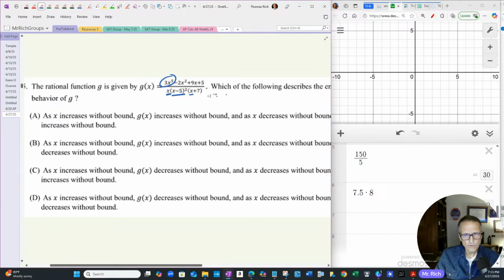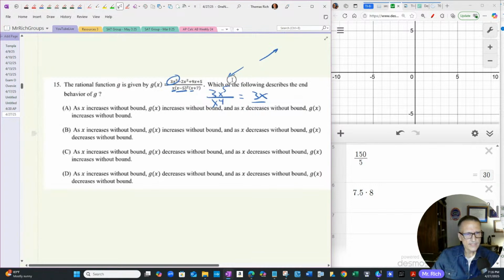Therefore, with a 3x to the 5th on the top, and it looks like a 1x to the 4th on the bottom, this function is going to behave on the ends as 3x would behave. And how is 3x going to behave? It's going to be going up to the right and down to the left.